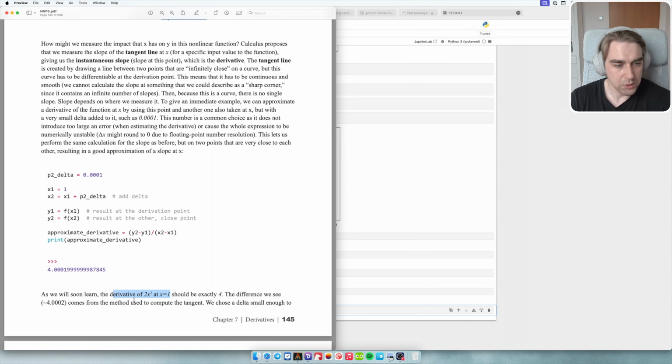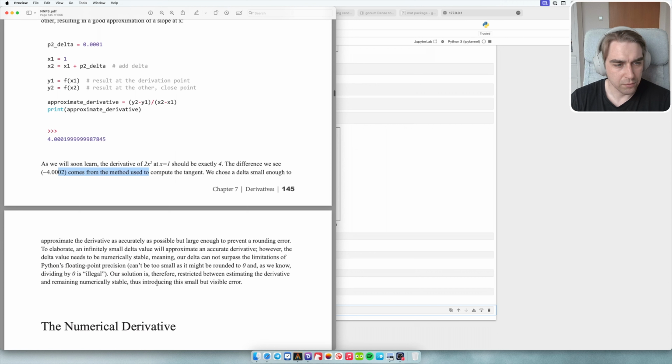The difference we see comes from the way we calculate this, and the way floating points work. We chose a delta small enough to approximate the derivative as accurately as possible, but large enough to prevent a rounding error.